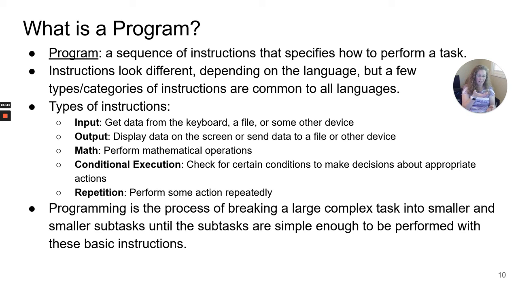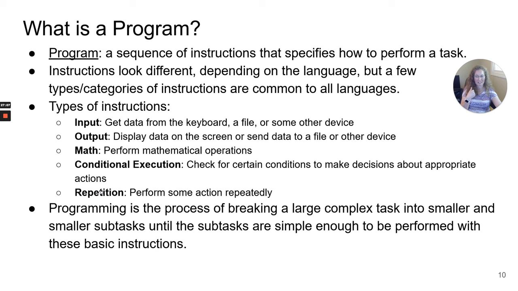And then I need to look at your guess and do a conditional execution on it. If your guess matches the number I was thinking of, then I'll tell you you're right. But if it doesn't, then I have to tell you to guess again. And that's where repetition comes in. As long as you keep guessing wrong numbers, I keep repeating the same thing: I tell you, no, it's wrong, guess again.